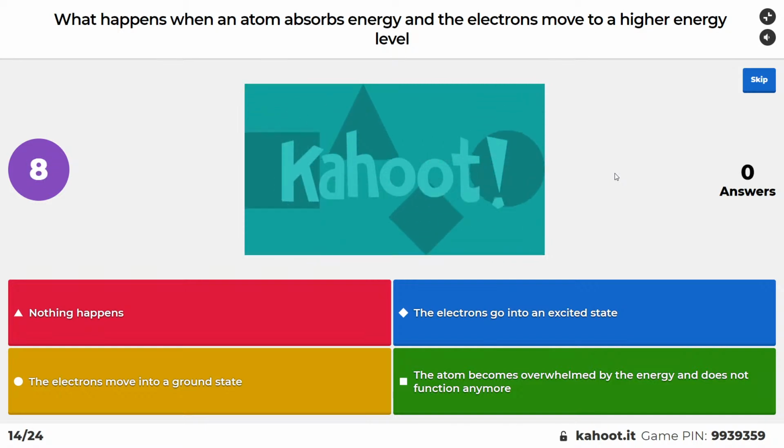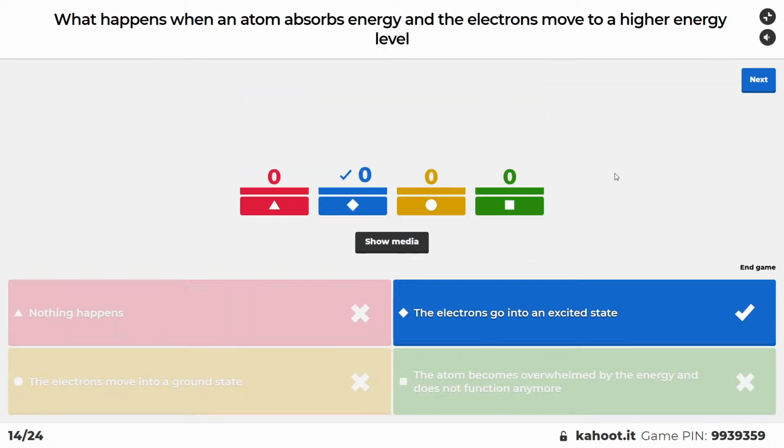The answer for this one would be B, because the electrons go into a more excited state when it goes to a higher plane or higher energy level. That's how photosynthesis works.